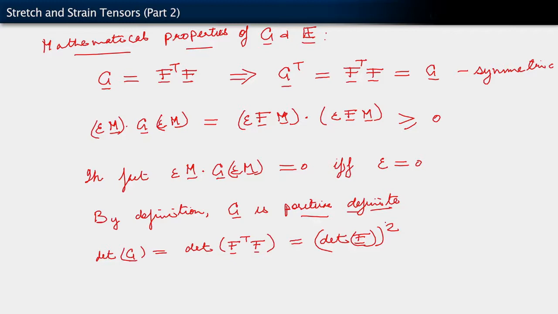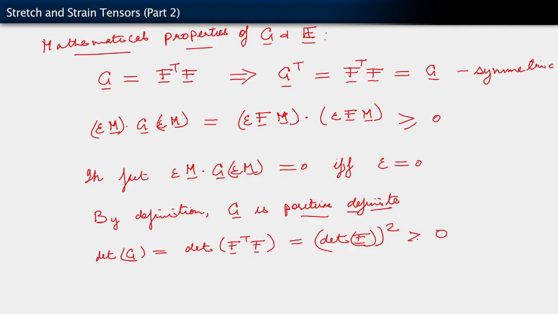Okay? But we already knew that determinant of F has to be greater than 0 from our condition of local impenetrability of matter. It follows therefore that the determinant of C is also greater than 0. Okay?